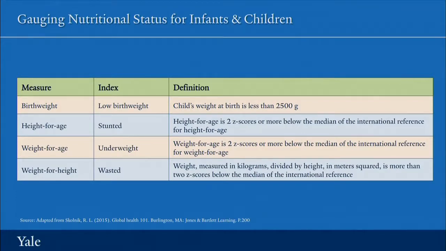Usually we think about wasting. In fact, Rachel, when might you expect to see some wasting in children? Under what circumstances might we see more wasting? We never want to see wasting, but under what circumstances might we see wasting suddenly emerge in a population? Wasting often occurs in conflict-prone areas where families all of a sudden lose access to nutritional foods.